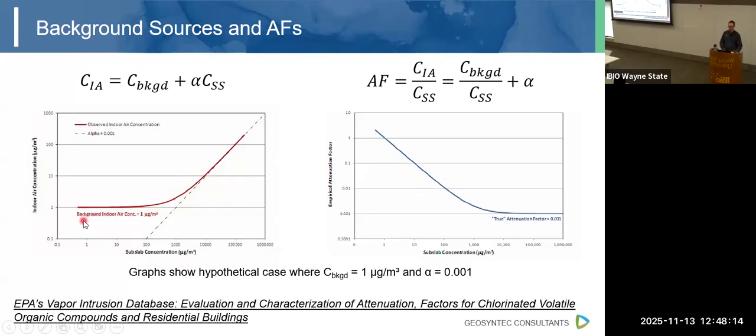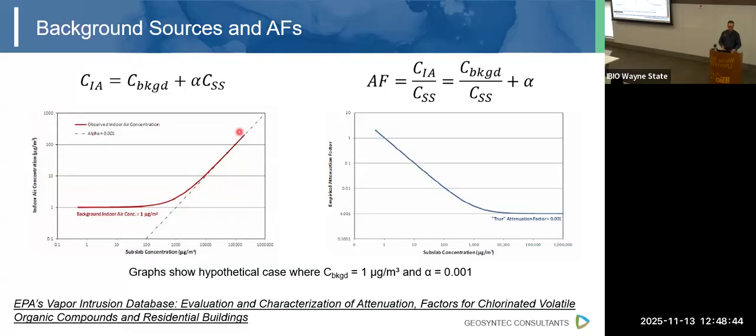We have a hypothetical scenario here with the indoor air concentration versus the subslab concentration where the background is 1 microgram per cubic meter and the real attenuation factor alpha is 0.001. You can see that at low subslab concentration, basically all of what's in the indoor air is from background, and then as we increase what's in the subslab, all of what's in the indoor air is coming from vapor intrusion.